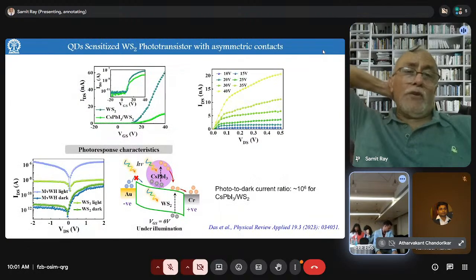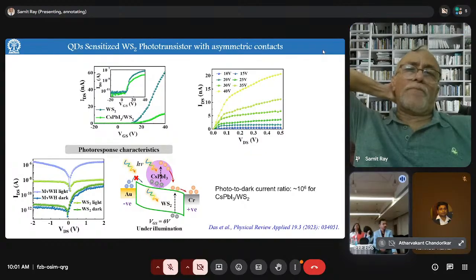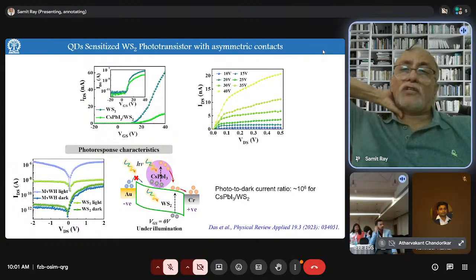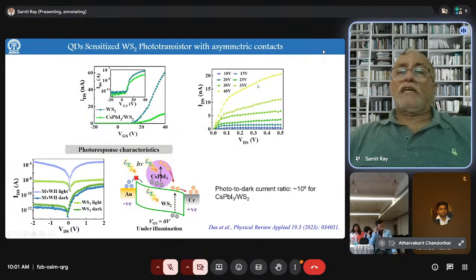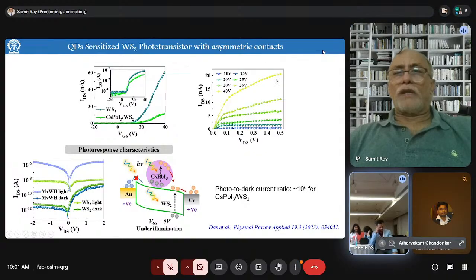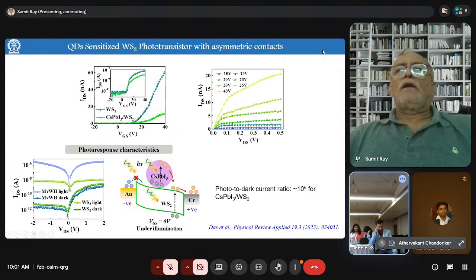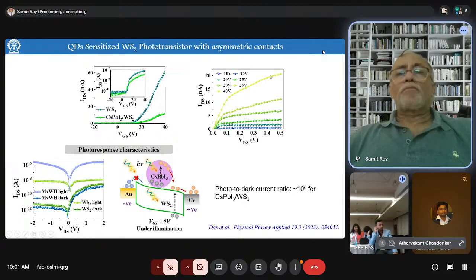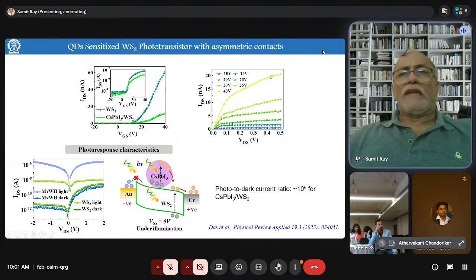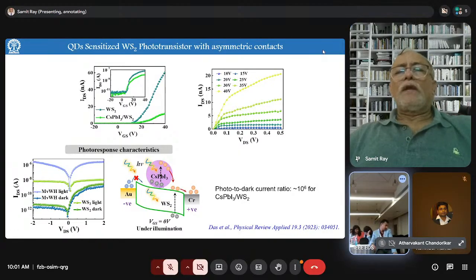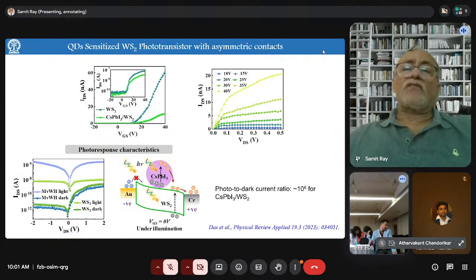PL decay. And then if you fabricate the devices, you get a three-terminal device structure, and this is a transistor. WS2 material, chromium and gold as the electrodes, and of course it is coated with cesium lead iodide nanocrystals.